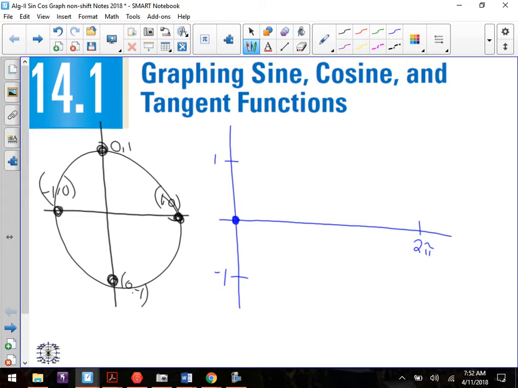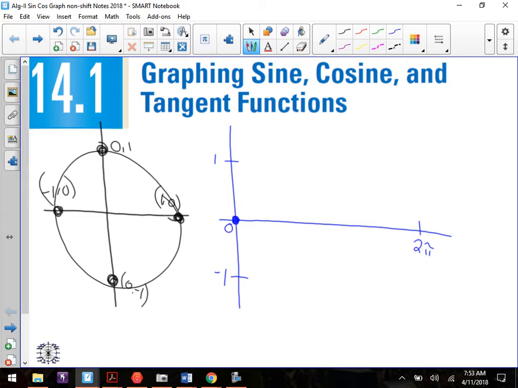Sine, and as we'll get to in a second, cosine, are what we're going to call periodic functions. They replicate themselves after a specific period, then they just start over again. They are continuous. There are no breaks in sine or cosine graphs, because there are no values at which they are undefined, whereas tangent has undefined values.